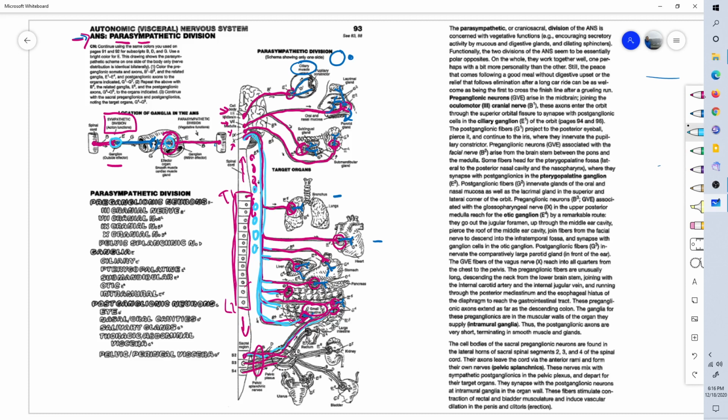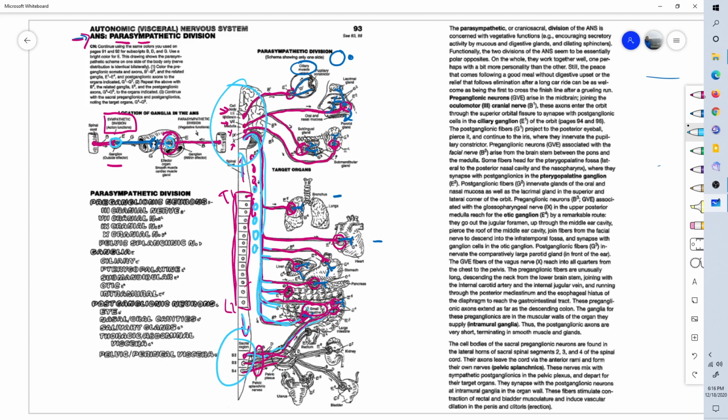So recall it's the parasympathetic. It's next to the sympathetic. It's above and below the sympathetic system. Interesting that the colon receives from the vagus nerve, the cranial portion of the parasympathetic system, and the sacral portion as well.